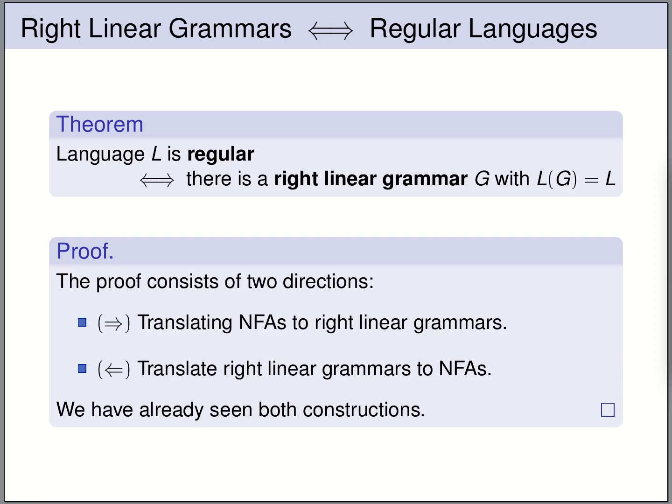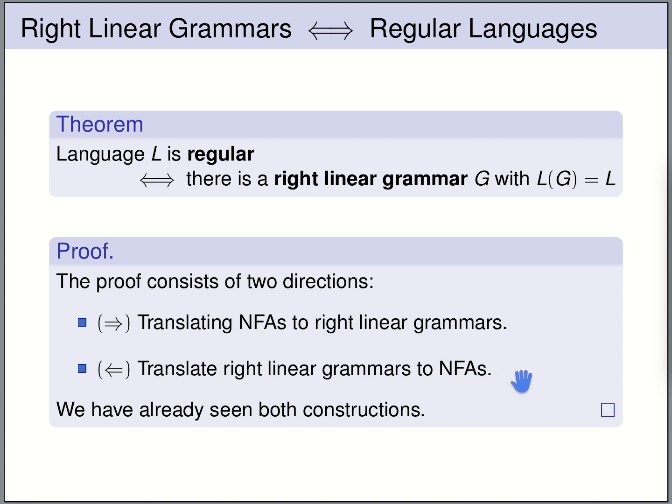On the last slides, we've seen that non-deterministic finite automata can be translated into right linear grammars. That means every language that can be defined by a non-deterministic finite automaton can also be defined by a right linear grammar. We've also seen that right linear grammars can be translated into non-deterministic finite automata. So also, every language that can be defined by a right linear grammar can be defined by a non-deterministic finite automaton.